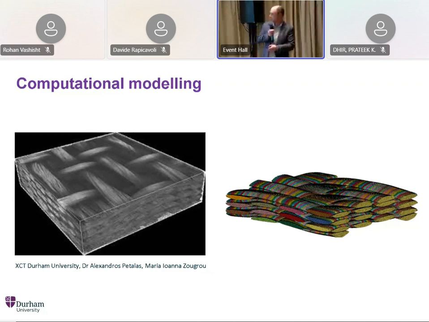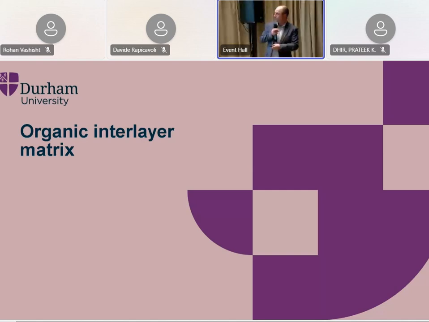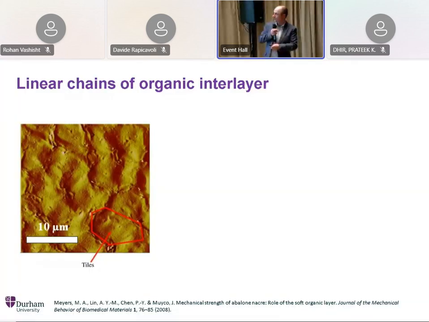Next slide. So I want to go back to this abalone shell. Again, it's a brick and mortar structure in a way. So there's this soft inter-tile layer. And please click pause so we see the other graphic here.